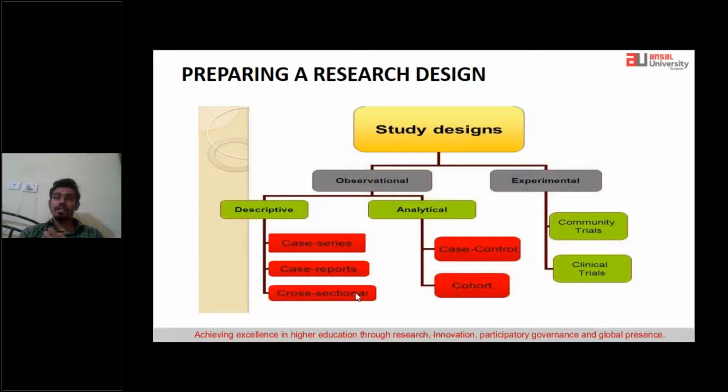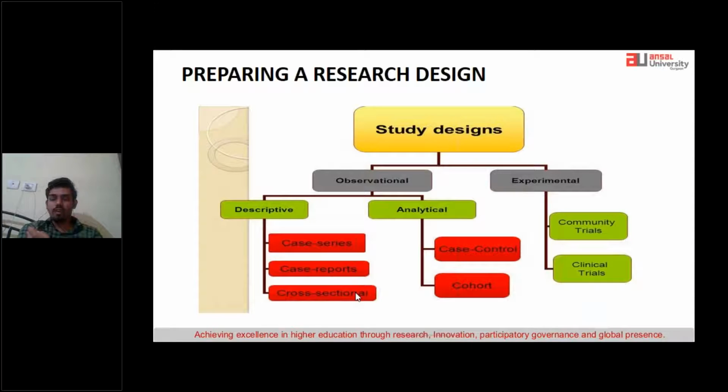Cohort study designs are follow-up study designs. Let's say you see what happens today and what happens to the same patient after 2 or 3 months. For example, for any disease you want to study, if a patient comes with that particular disease today, you observe over a period of time what changes are happening in the patient's eye or in the condition of that disease, over the follow-up periods. These are all cohort study designs. Understanding these study designs is a very vast topic.